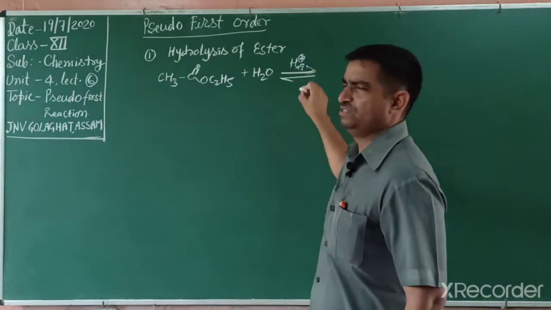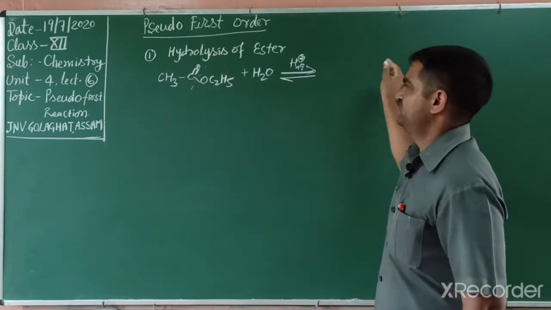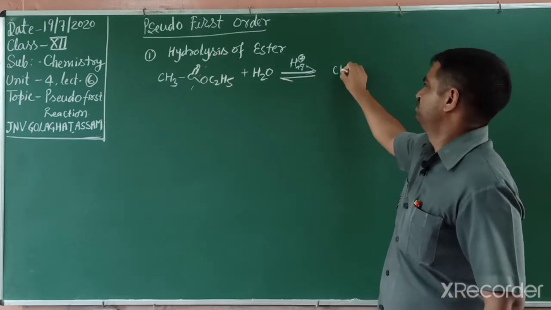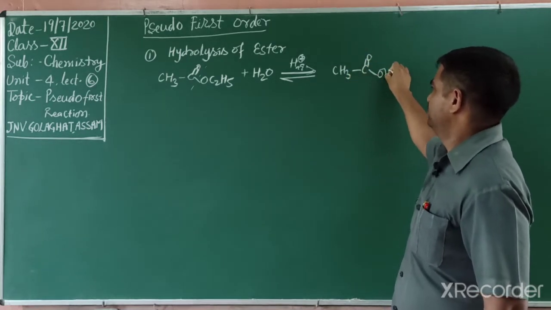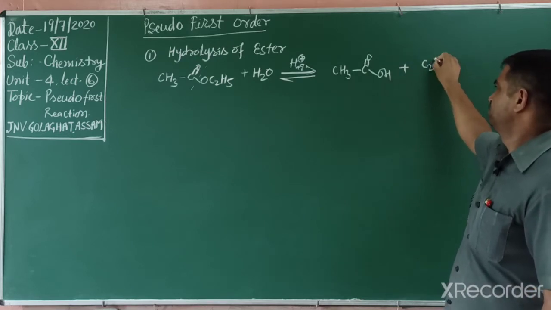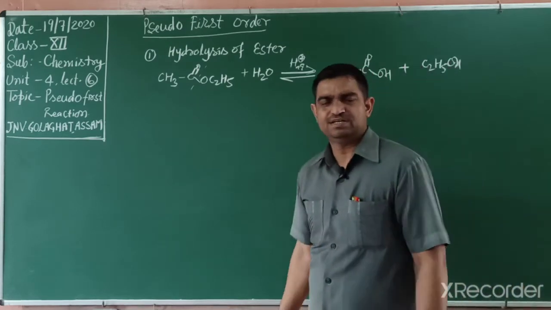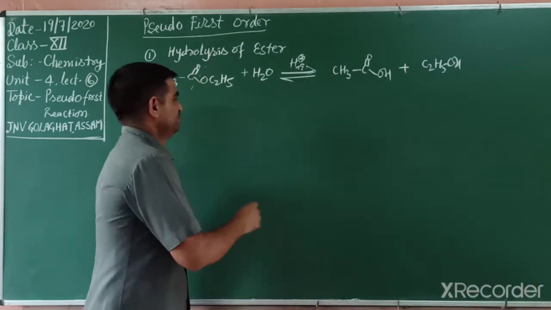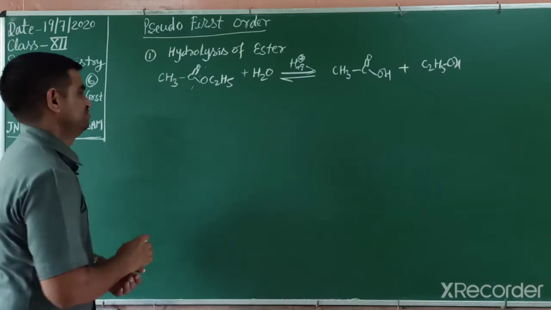Actually this reaction is a reversible reaction, and it dissociates the ester into CH3COOH, carboxylic acid, and the other one is alcohol. In this reaction, we can take the reagent, one reagent in very small amount.